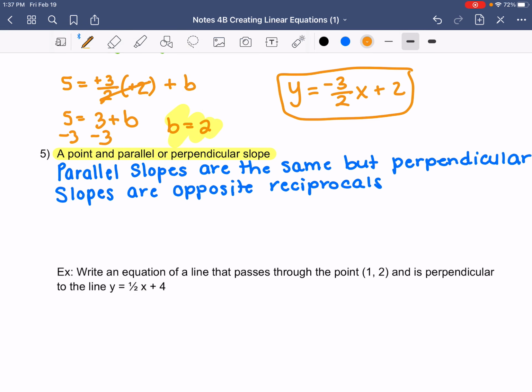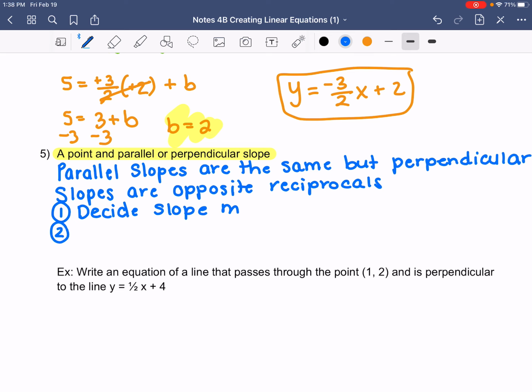All right, so the first thing you're going to want to do is decide what slope you're going to use, m. Are you going to use the same slope or the perpendicular slope?